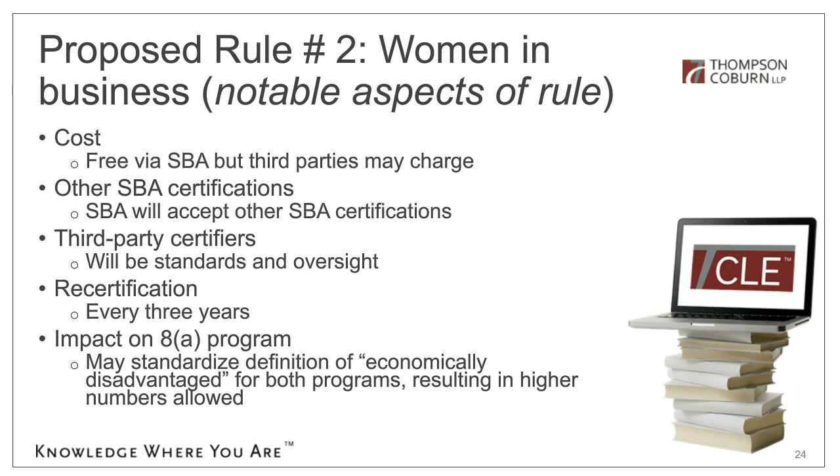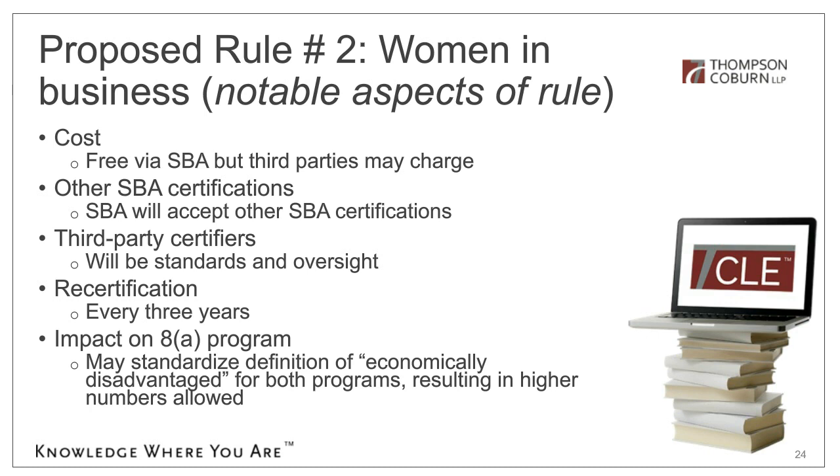Third-party certifiers would have to have a baseline standard for consistency. They would also be subject to periodic compliance reviews. And a business that has been denied a certification by a third-party certifier may request reconsideration and redetermination at no cost to the concern.